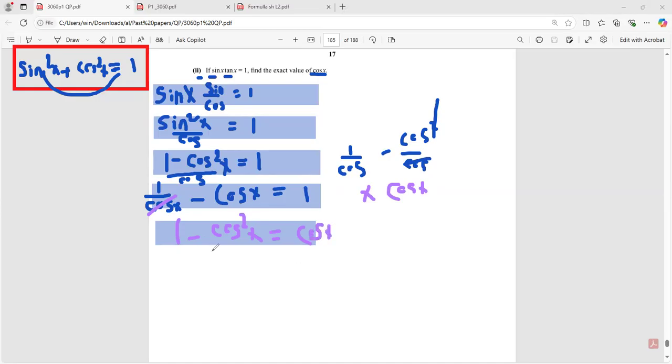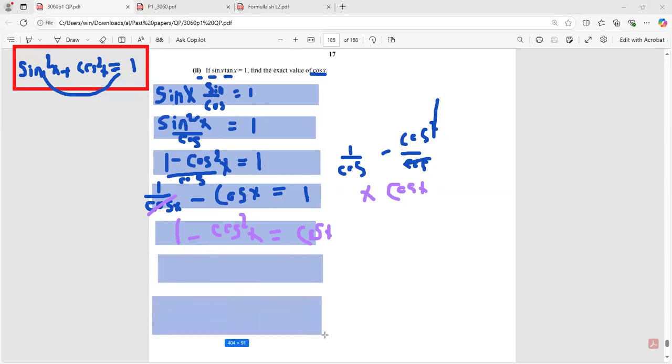So here I'm going to move all of these over just to solve it simply. You see that the last 2 or 3 questions of the exam are really hard. So step number 6 and 7.